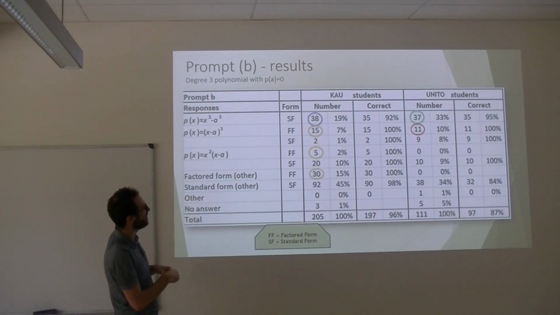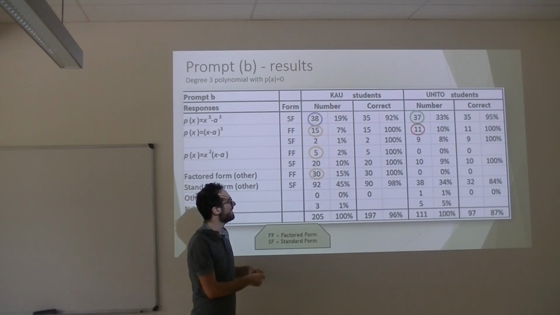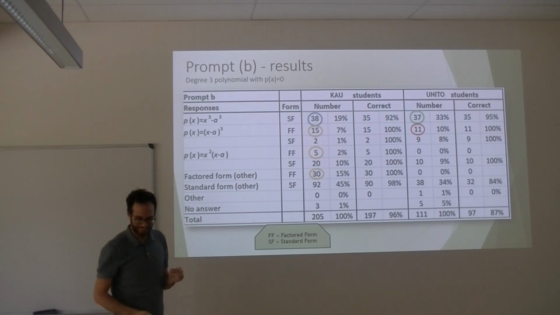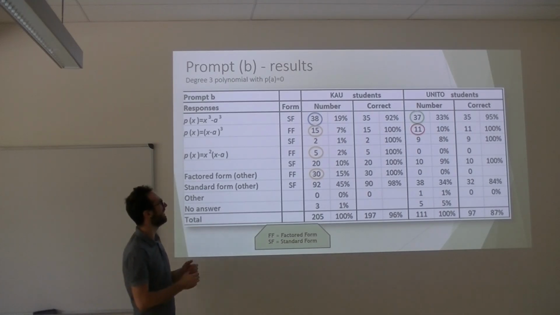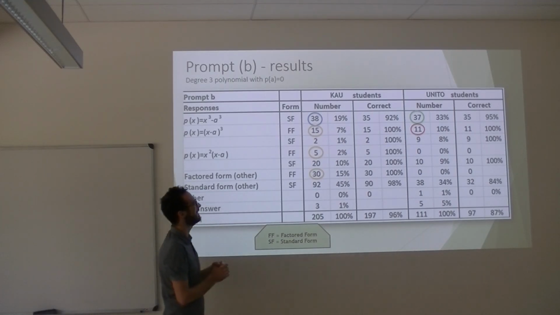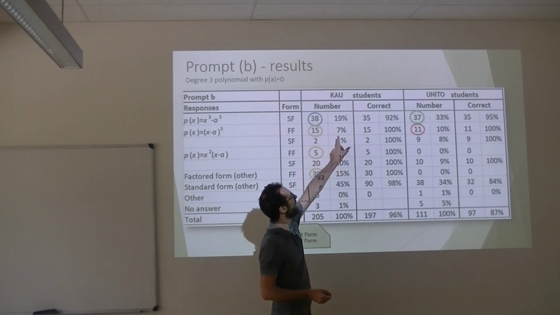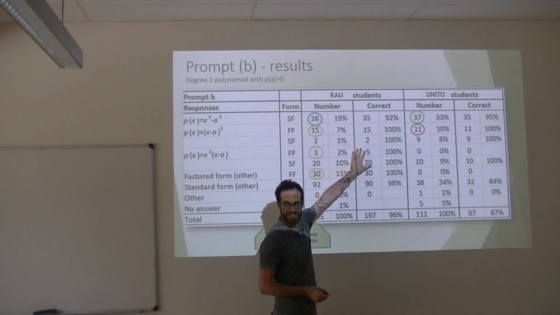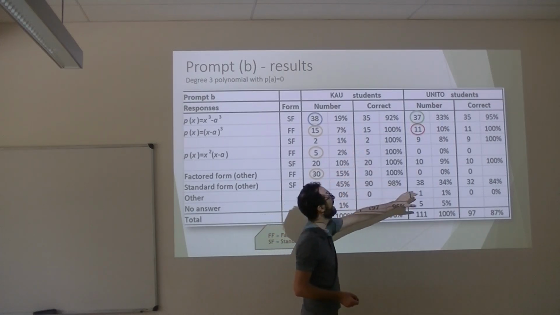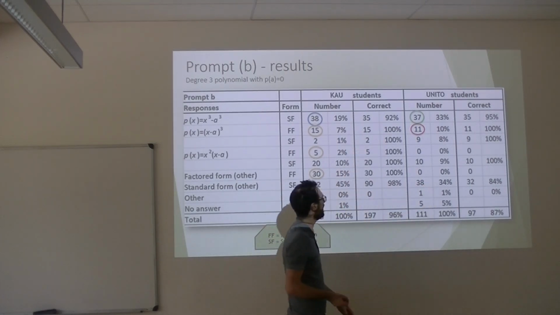Then we highlighted also some numbers in here, and in the next slide, of course, I try to explain why we have highlighted them. Of course, we have also a difference from the Karlstad University students, which is these two columns, and UNITO students, which are here.